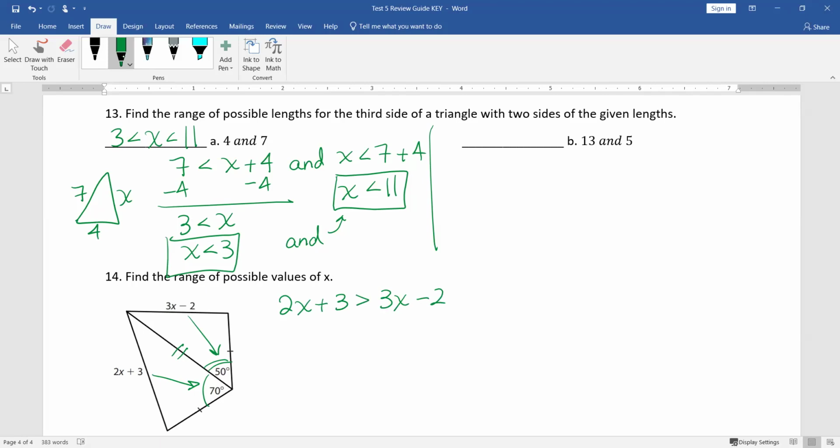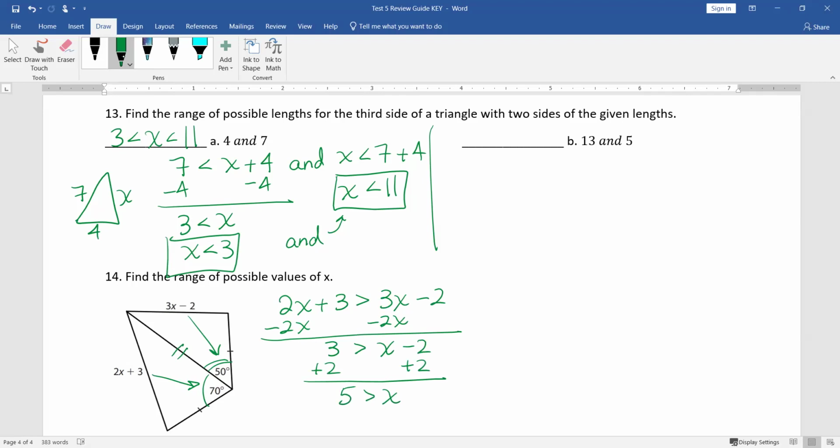And then we just solve. So I'm going to subtract 2x from both sides to keep my x value positive. So 3 is greater than x minus 2. And then when I add 2 to both sides, I get x has to be less than 5.